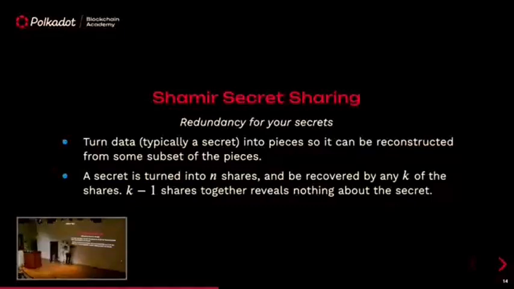With K-1 shares, so if you have 3 of 5, only 2 of the shares, having those together reveals nothing about the secret. You don't know anything about what it is. So that's the important part, is that only if you have K of the shares can you get it back. Otherwise, it's as good as if you had nothing at all.